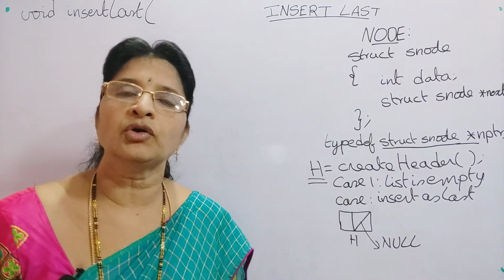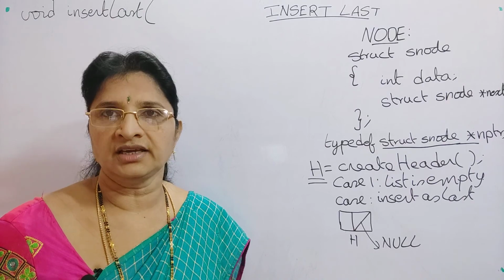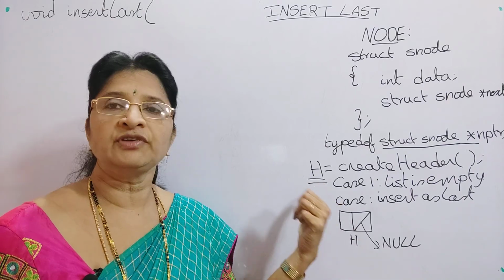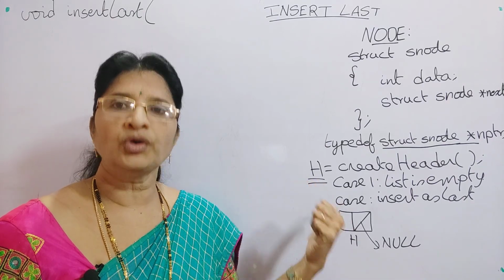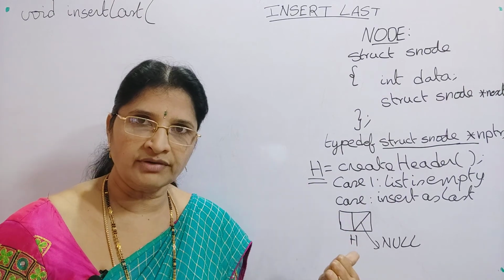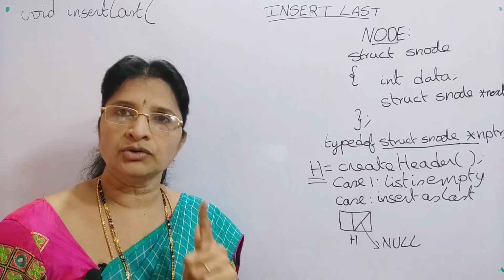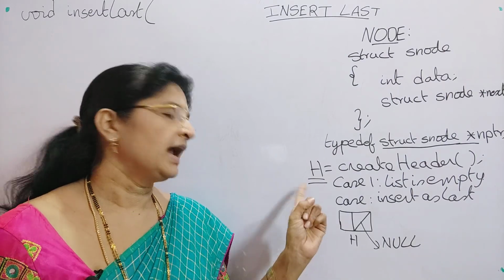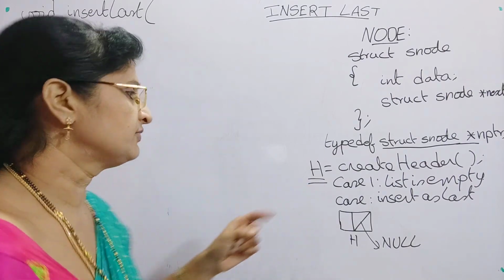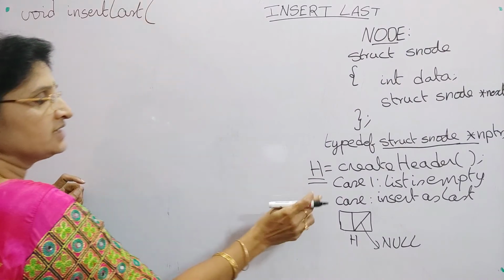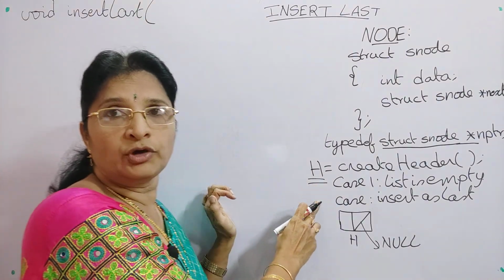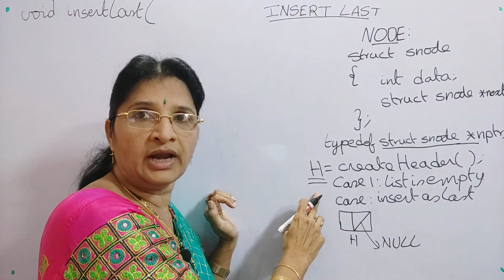Without the header node we can do nothing, because the header itself has the first node address. So the first parameter that you have to pass to the function is the header.